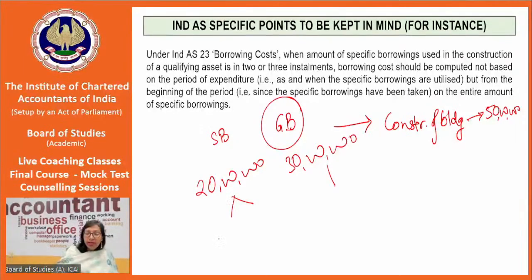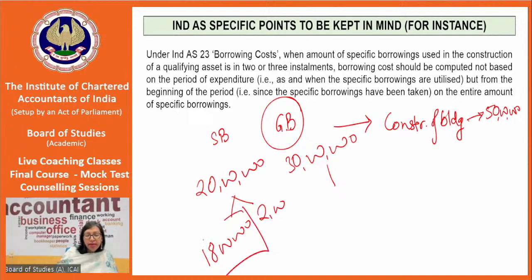For the construction of the qualifying asset, we first utilize the specific borrowing of 20 lakh. This specific borrowing was utilized in this manner, 18 lakh and then 2 lakh.